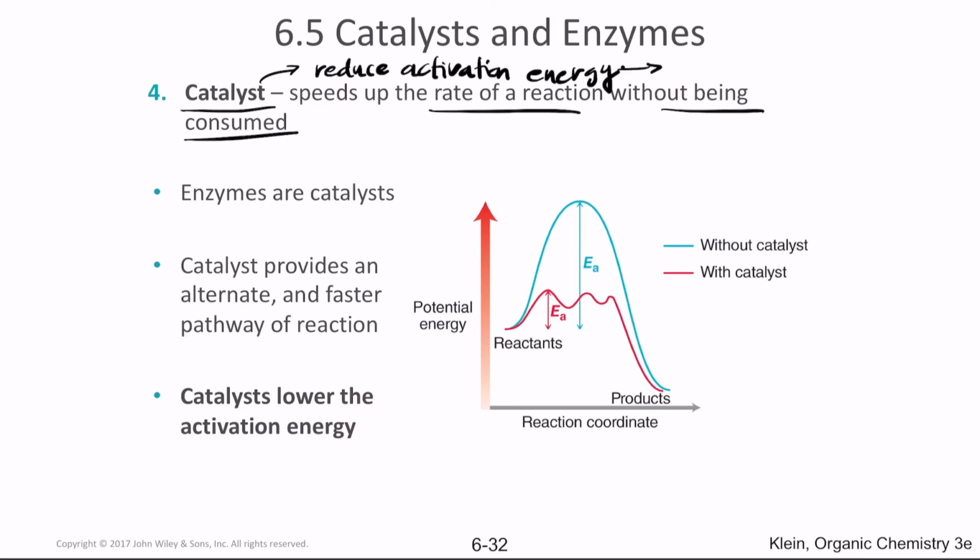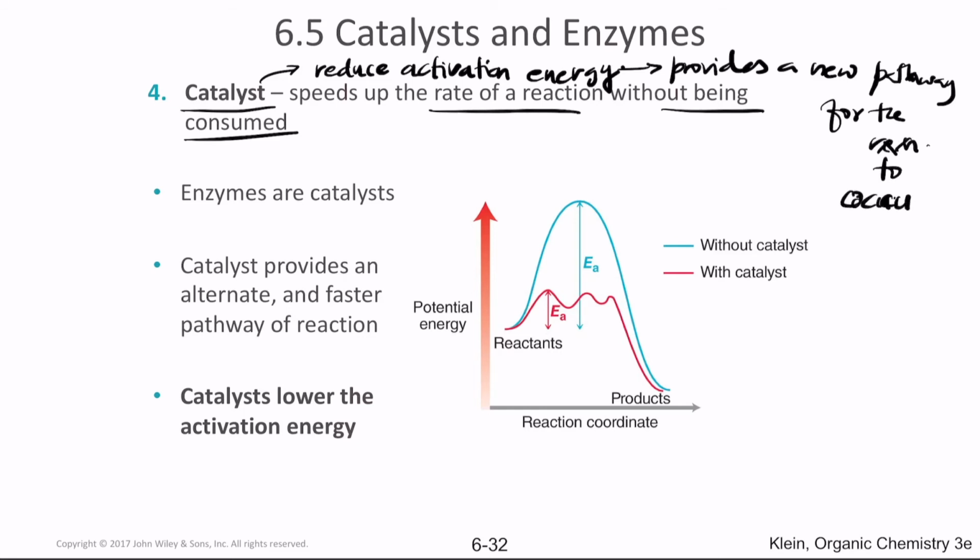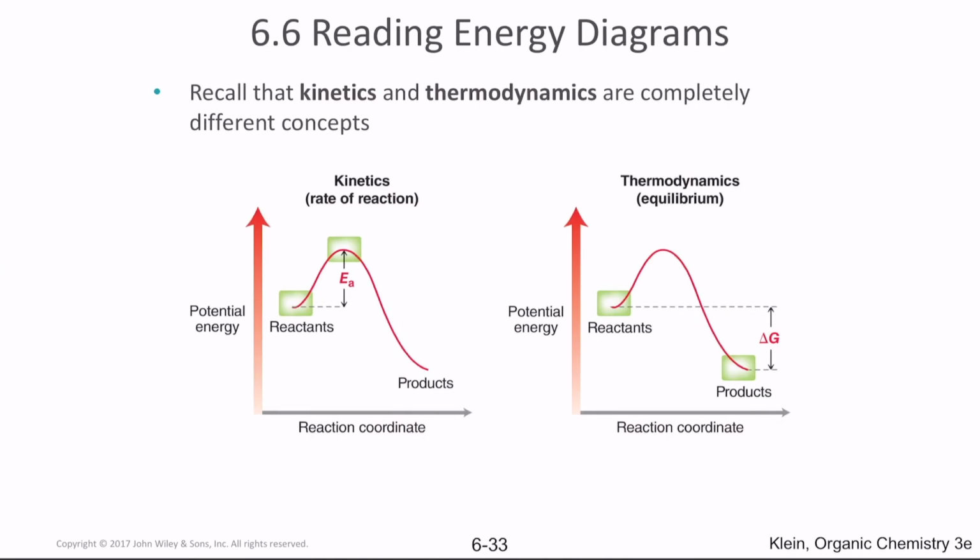It provides a new pathway for the reaction to occur, by creating what we call substrates. We'll discuss more about this as we go along. The main purpose of providing that new pathway is to reduce the activation energy.